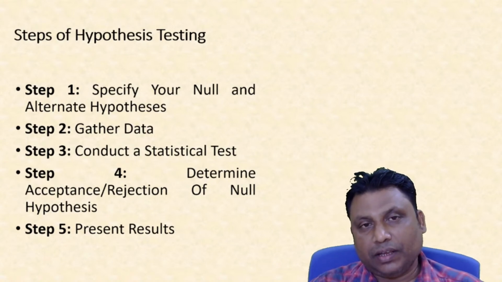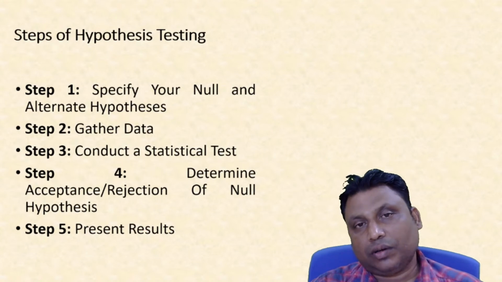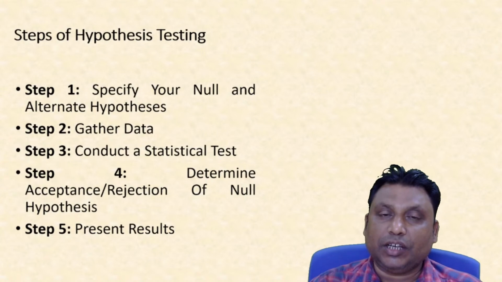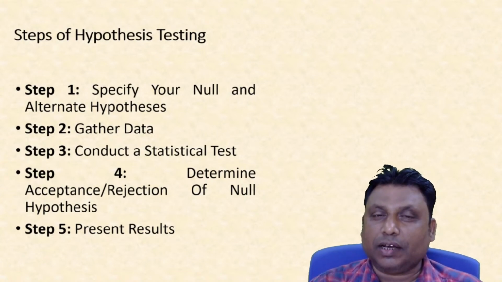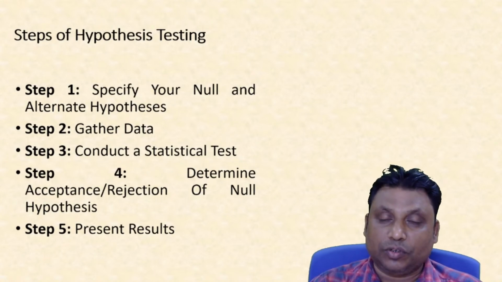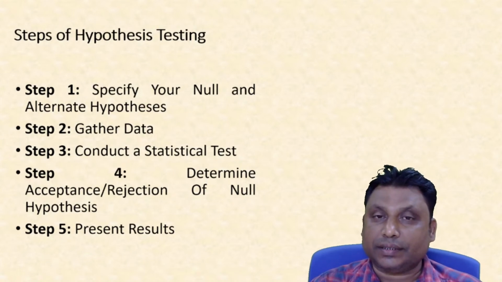After you identify and specify your null and alternative hypothesis, then you go for your data analysis. That means you collect data or you gather the data. After collection of the data, then we go for statistical test. Which statistical test is applicable in here? Either small sample test or large sample test.